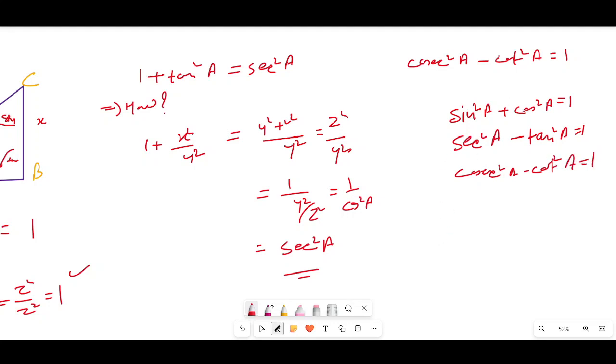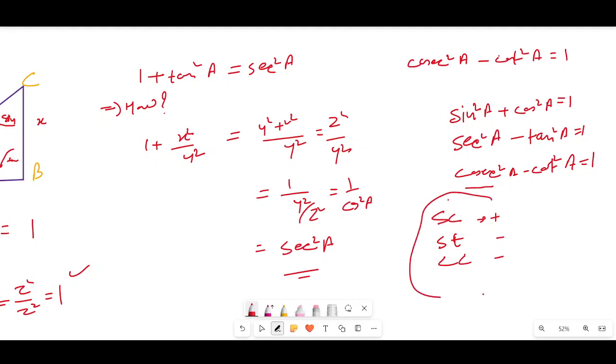That means sine cos, sec tan, and cosec cot. This is plus, this is minus. Clear? If you use sine cos, sec tan, then 1 is remaining, cosec cot.